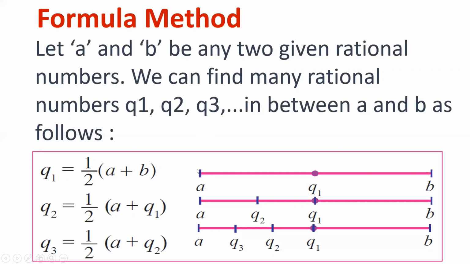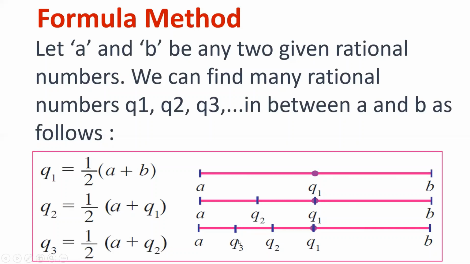Now, if you have to find one more rational number, then you sum up a and q1 and divide it by 2, and that q2 will be lying between a and q1 as well, on the left hand side of q1.